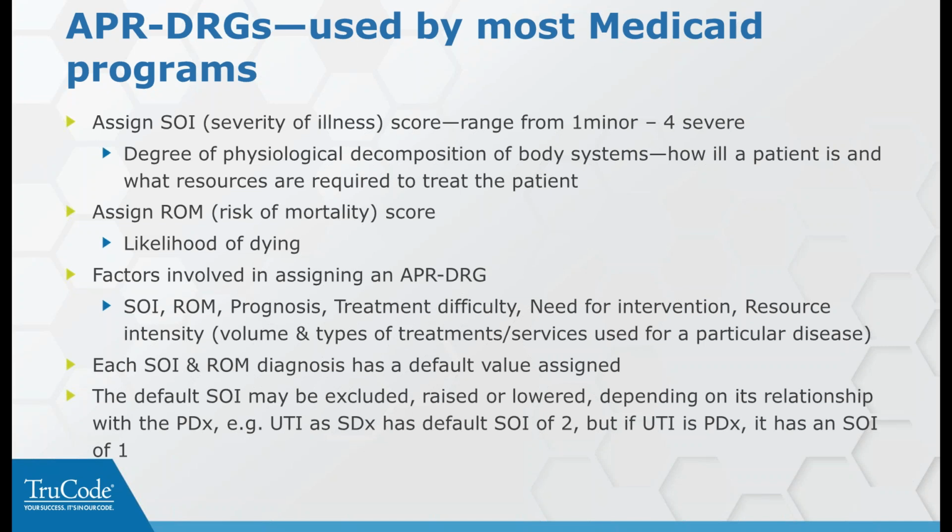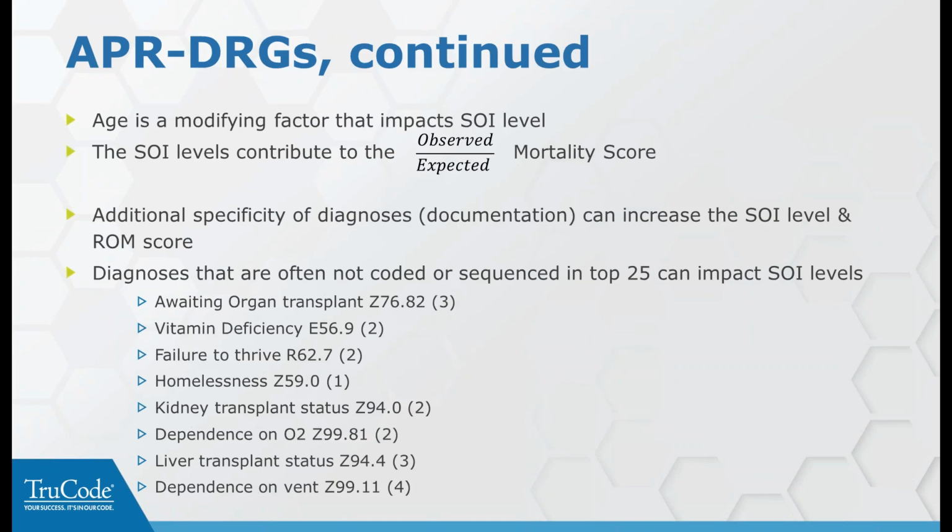But if the UTI is the principal diagnosis, then the SOI goes down to 1 rather. Age is a modifying factor that also impacts the SOI level. And basically the SOI levels contribute to the mortality score because they help determine the observed mortality divided by the expected mortality to give you that mortality score.